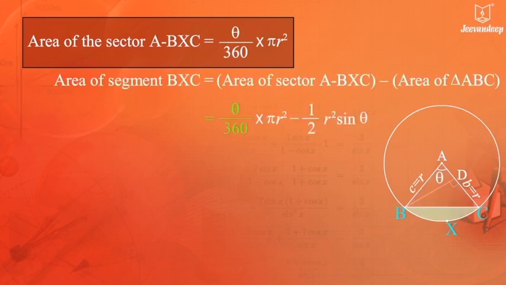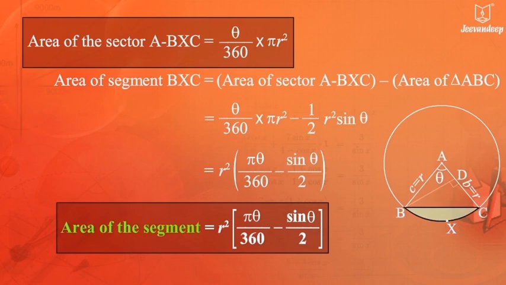That equals theta upon 360 multiplied by pi r square minus half r square sin theta, equals r square multiplied by pi theta upon 360 minus sin theta upon 2.